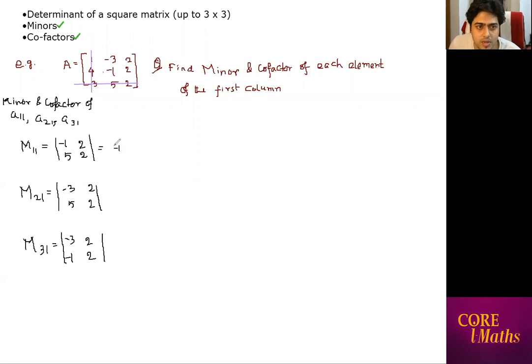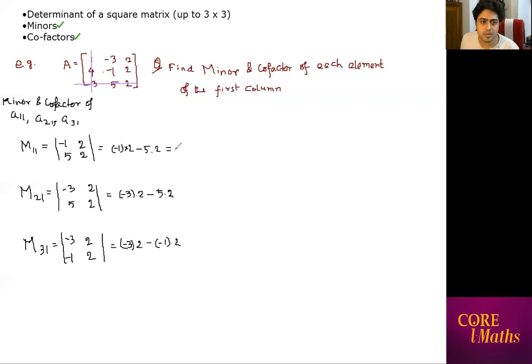That is -1 into 2 minus -5 into 2. Here also -3 into 2 minus -5 into 2. Here -3 into 2 minus of -1 into 2. So find the values.